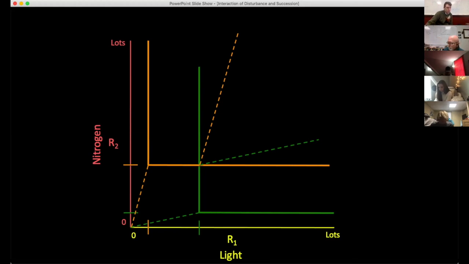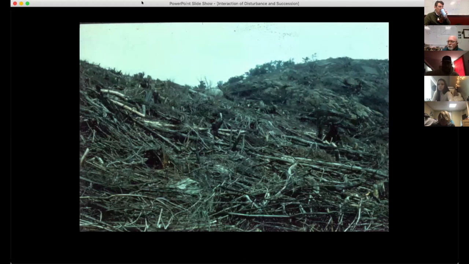exactly right. So I want to take you back to this situation at Hubbard Brook. You see a bare landscape here, just a bunch of dead trees, correct? Yep. Okay. What you can't see very well is, there's a stake right here.